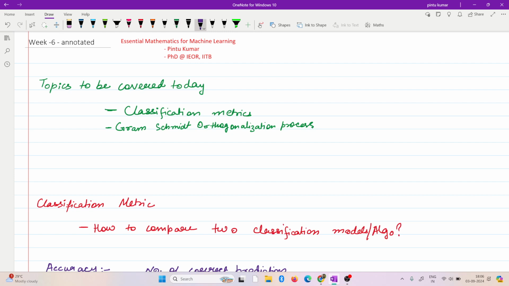We will solve some examples of the Gram-Schmidt orthogonalization process, and depending on how much time I have left, I'll also try to do polar decomposition and Jordan canonical form. My first priority among these two will be Jordan canonical form, so I'll try to solve some examples on it. At the end, if we have some time left, we'll talk about polar decomposition too.